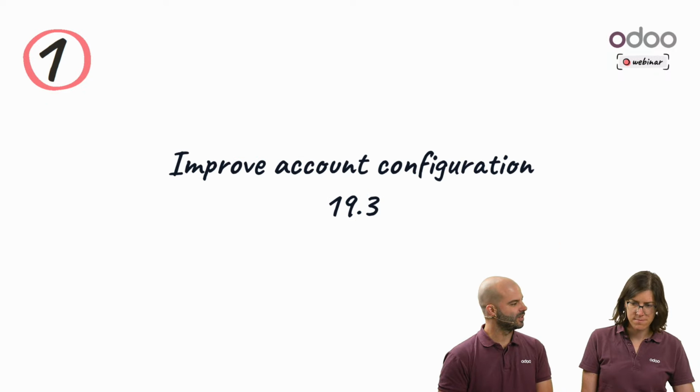Yes, for sure. I will present these three new features in the account configuration, but I propose to go directly inside a database in 19.3. Inside the accounting configuration, if you go to your chart of accounts, for instance I select my 610 account, and you see that for this account I can now configure a parent account.